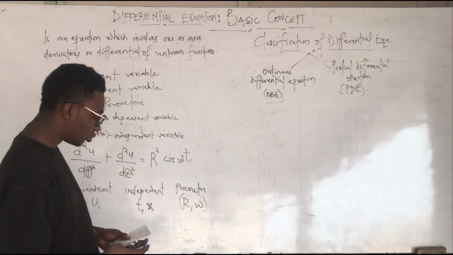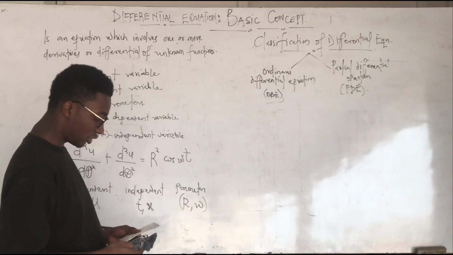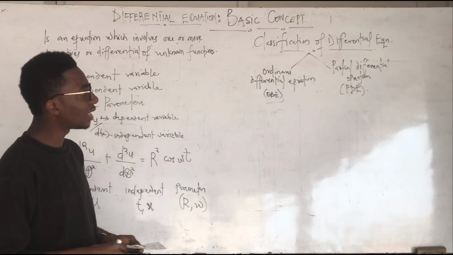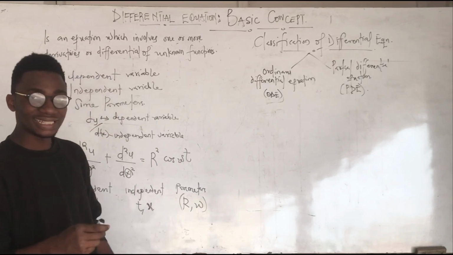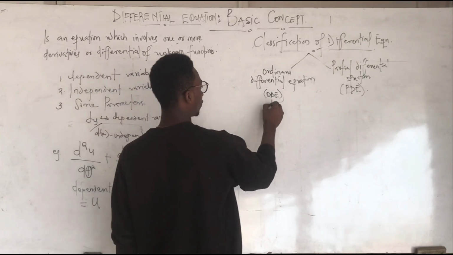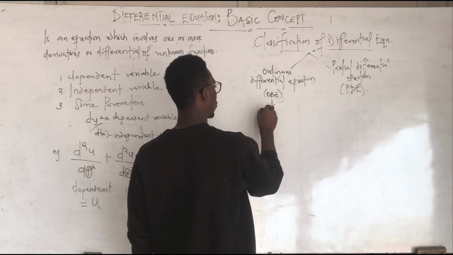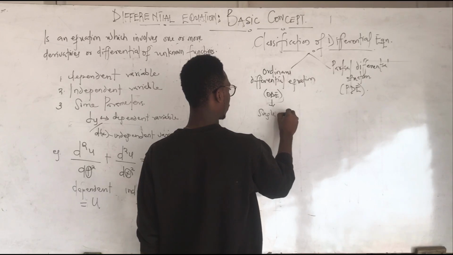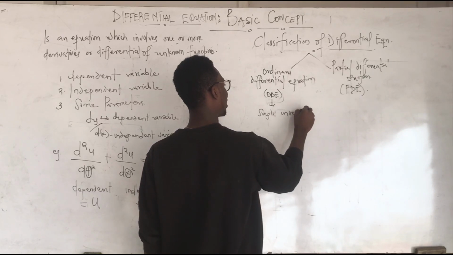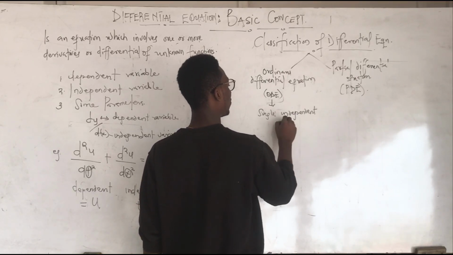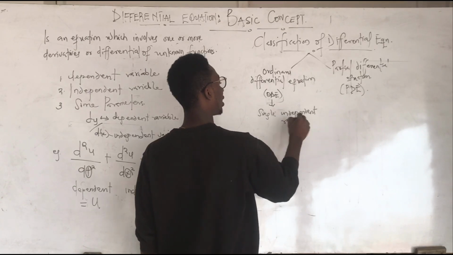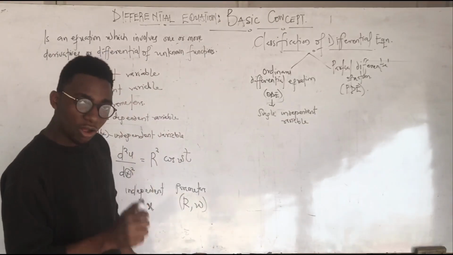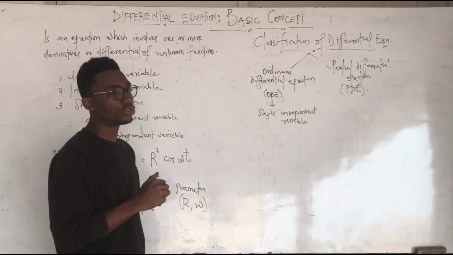Now, what is the difference between these two? When you have a differential equation that has a single independent variable, that equation is called an ordinary differential equation.